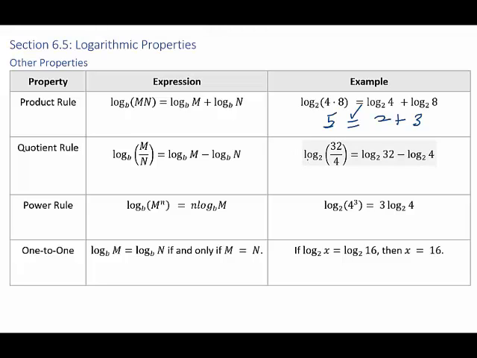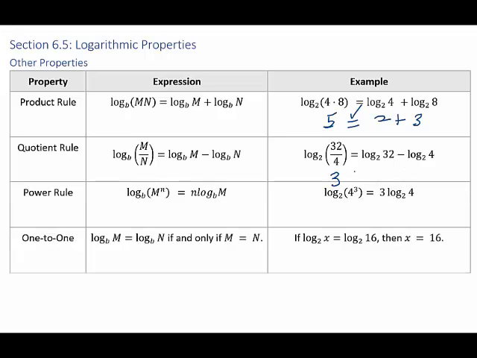Okay, so in this numerical example, log base 2 of 32 over 4 is log base 2 of 8, and that is just 3, since 2 to the 3rd is equal to 8. And we're going to see if this is equal to log base 2 of 32, which is 5, minus log base 2 of 4, which is 2. And 5 minus 2 is equal to 3.